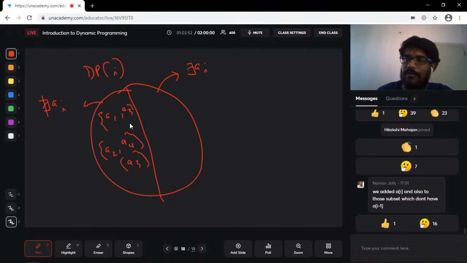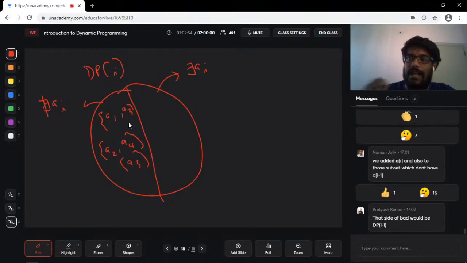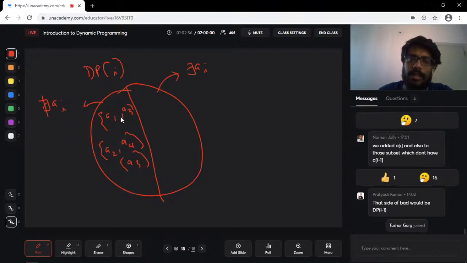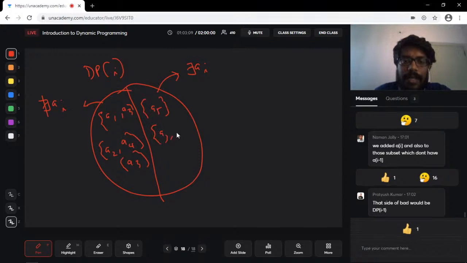All these valid subsets which don't contain a5 will be in the first sub bag, right? And the second sub bag will have all those valid subsets which definitely have a5. So things like just a5, a3 comma a5, a2 comma a5, a1, a3, a5.